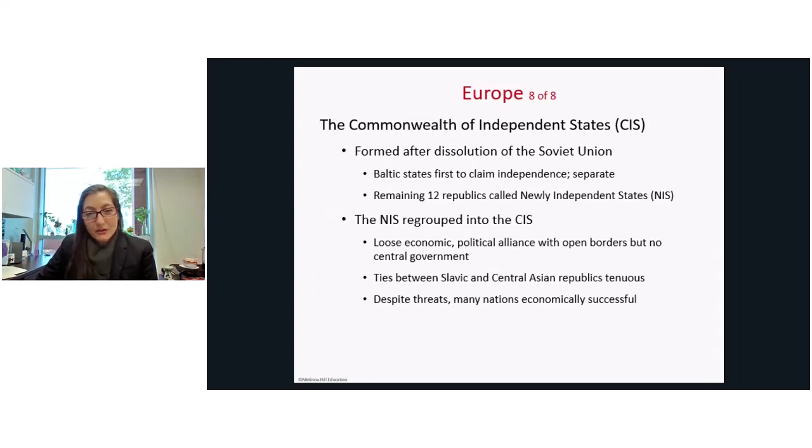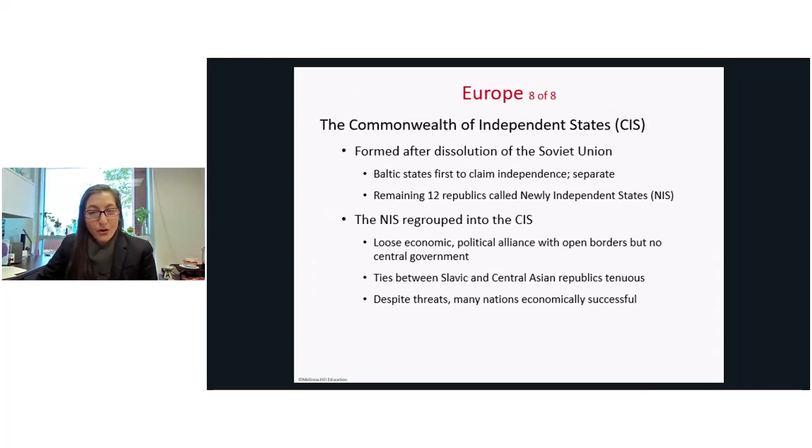Now, formed after the dissolution of the Soviet Union, beginning in the late 80s and taking effect in 1991, we have the Commonwealth of Independent States. So the Baltic states were first to claim independence and separate, and the remaining 12 republics called themselves the newly independent states.